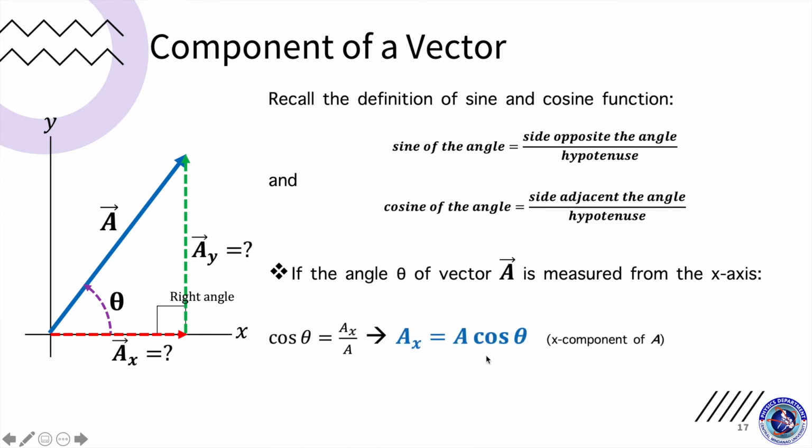So you'll have cosine theta equals adjacent side over the hypotenuse, and then cross multiply, so AX is equal to A cosine theta. While your AY, if you'll notice, is on the opposite side of your angle theta, so sine. So sine theta is equal to opposite, that would be your AY, divided by the hypotenuse. So AY equals A sine theta.